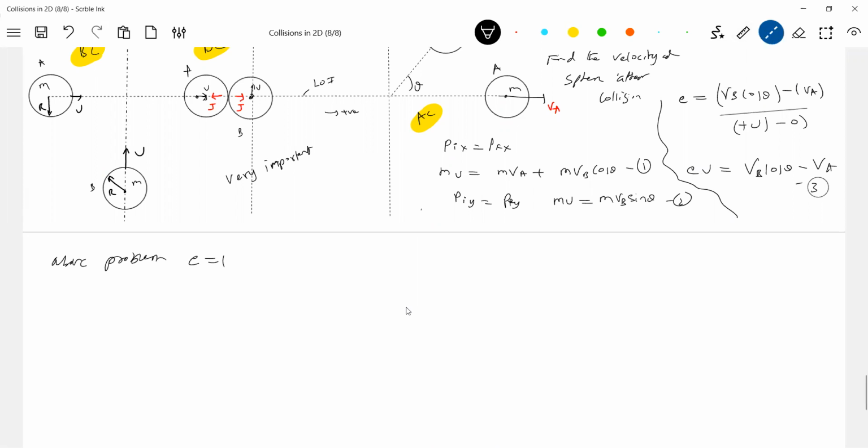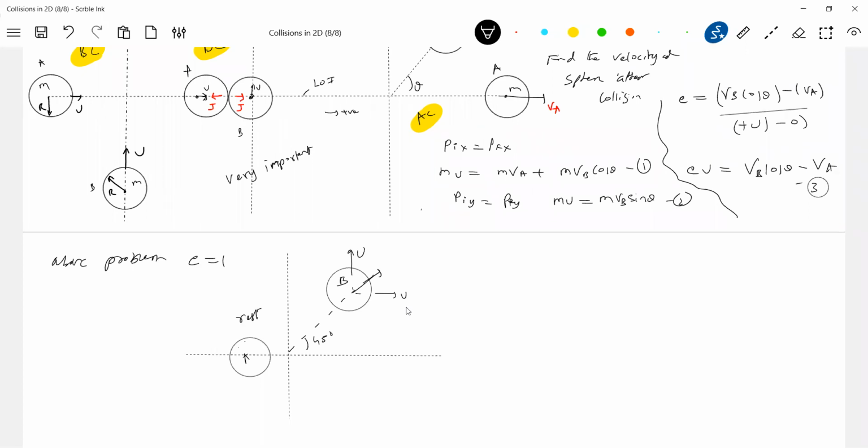Finally, what will happen after collision? The first sphere will come to rest, I'll show it here, and sphere B will move with a velocity. Any reason for that?